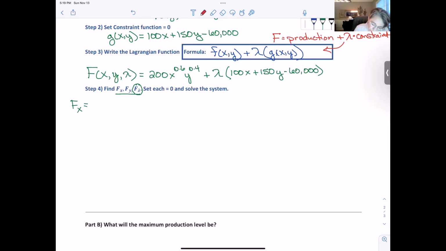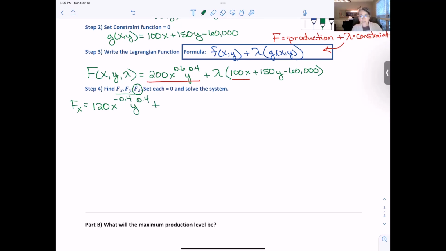Looking up here, I've got this function with x and this function with x. Everything else is a constant. So if I multiply, doing green, the 200 times the 0.6, I get 120. Subtract 1 from that exponent, you get a negative 0.4. Y stays like a constant, y to the 0.4.